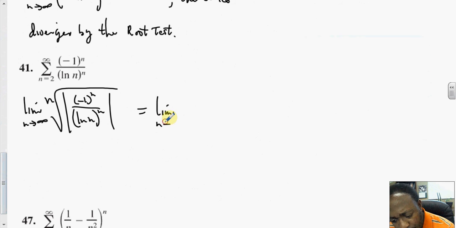Now the absolute value of -1 to the n is equal to 1, and this is divided by the natural log of n raised to the nth power raised to the 1/nth power, so all we have left is just the natural log of n. Now 1 over the natural log of n as n goes to infinity is equal to 0.